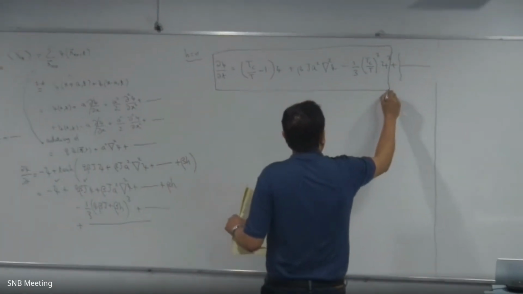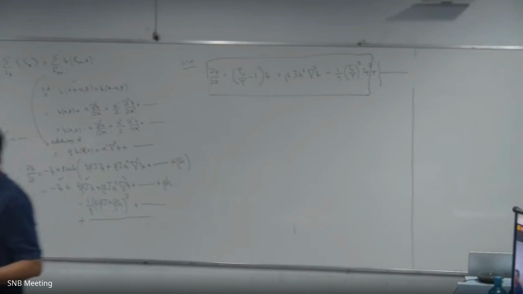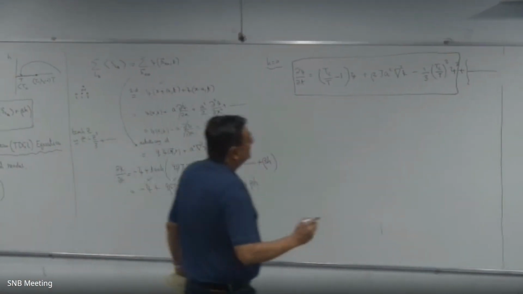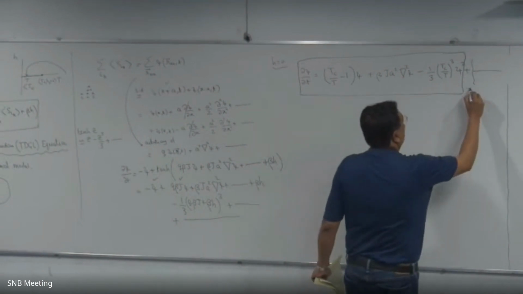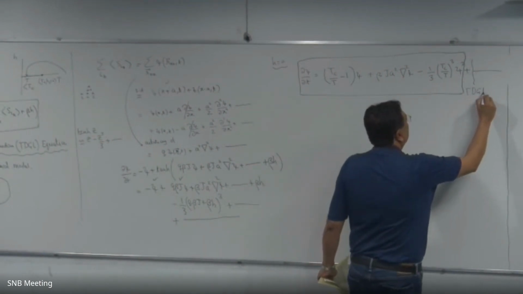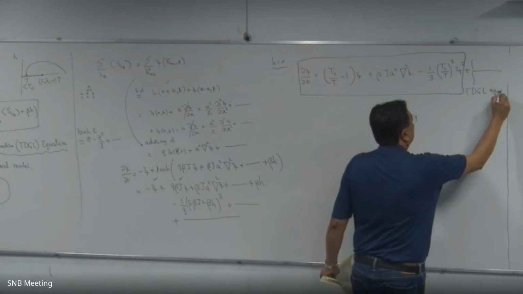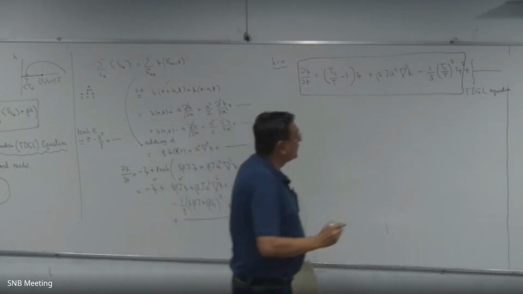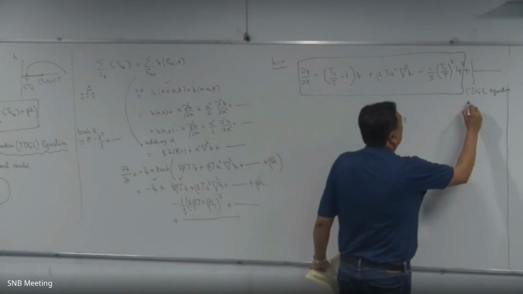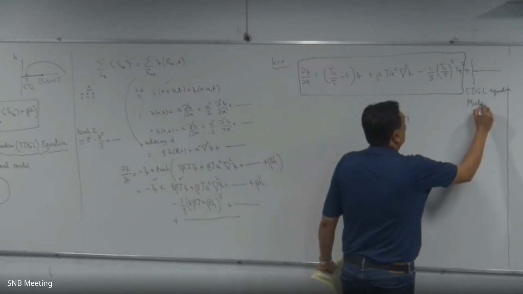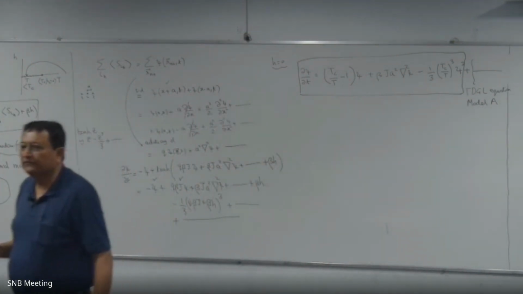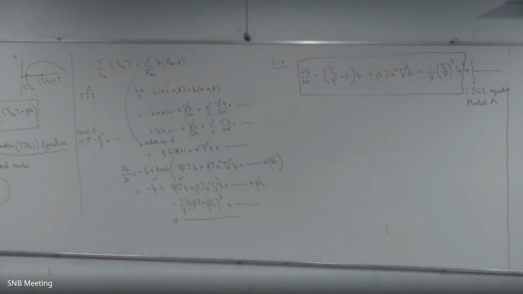equation in time-dependent phenomena. Let me tell you what its other avatars are. One is called the TDGL equation, the time-dependent Ginsburg-Landau equation, and the other name it goes by is Model A. For those of you who are interested in time-dependent physics, there's this classic Reviews of Modern Physics article by two of the stalwarts in the area, Hohenberg and Halperin.